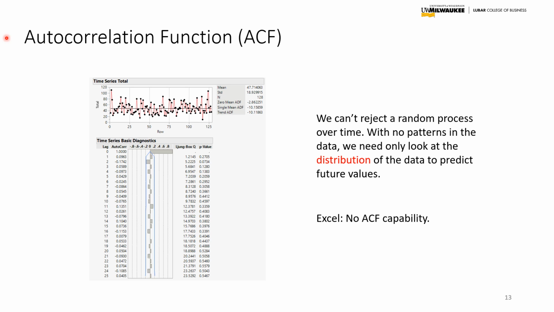As such, our conclusion is the snow total process is following a random process. Now, JMP provides these sophisticated tests on the side here. Let's just not worry about it. We'll just look at the ACF, the bar graph, and draw our conclusions from that.